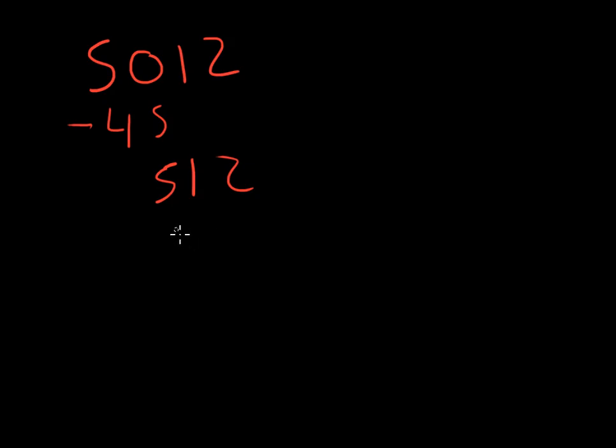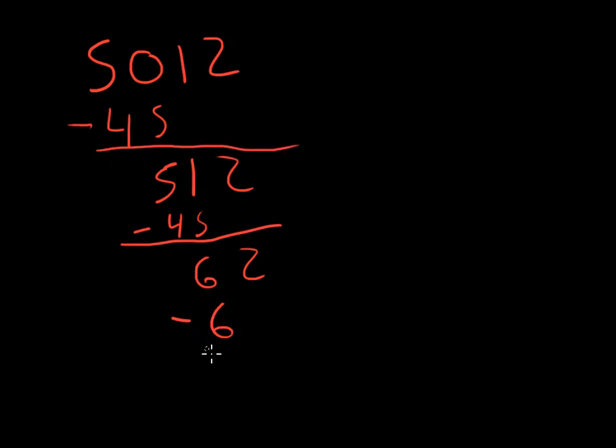And I think same thing here. Minus 45. And then that should give us 62. And then we should be able to subtract 60 here. Yeah, sorry, add my lines in. Yep, and then we are just left with 2, which is clearly not divisible by 3.